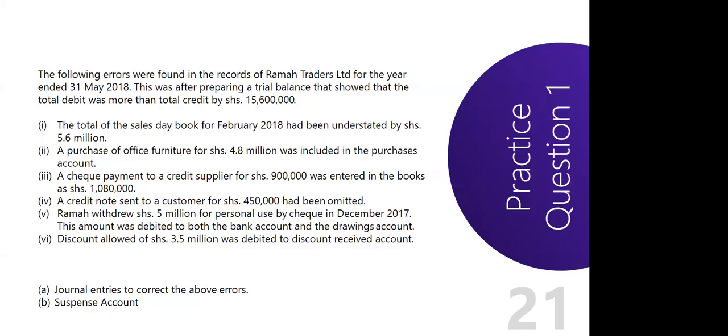So in this particular scenario, Rama made the right transaction actually somewhere. He debited the drawings account. That was the right transaction.